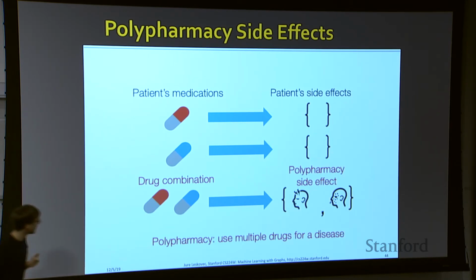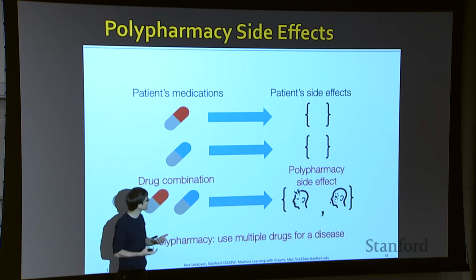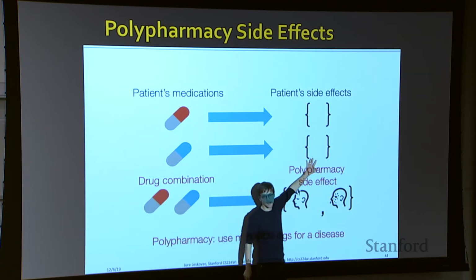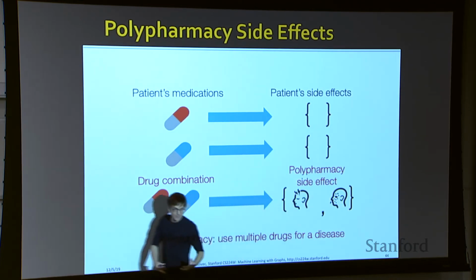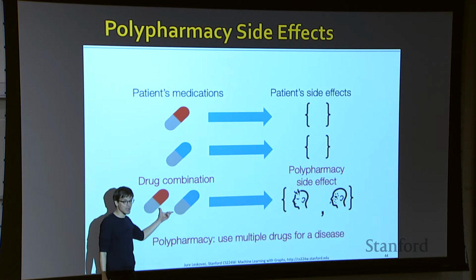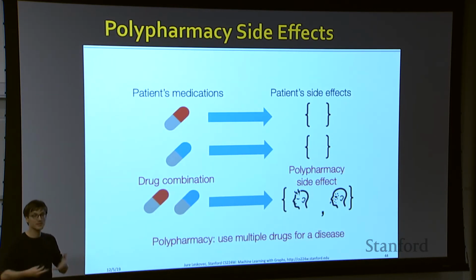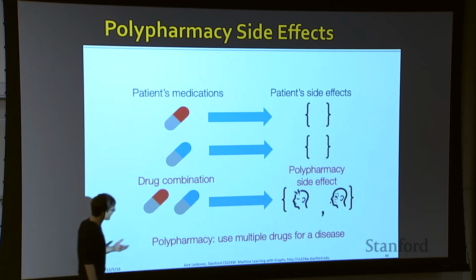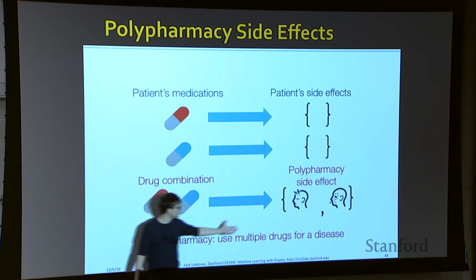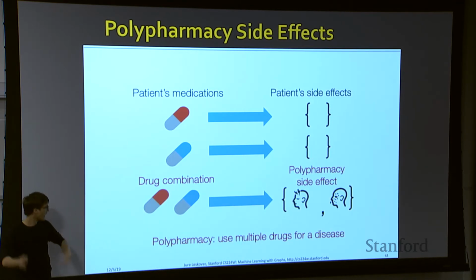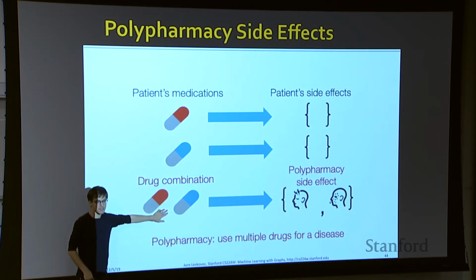And of course, the problem is with how you do drug trials. You take people, you put them on one drug, and you see what happens. And there are just too many drugs to do a drug trial and say, let's try a pair, let's take a triple and see what happens. So the only way today we learn about these side effects is that doctors keep prescribing whatever doctors prescribe.